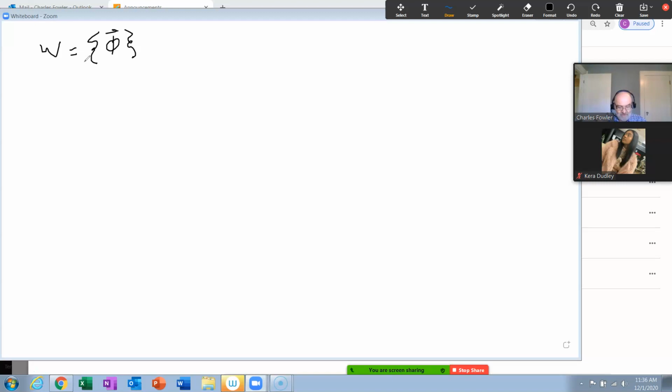Every vector space contains these two trivial subspaces, either simply the zero vector or the entire vector space. And subspaces other than those two, nothing or everything, are called proper or non-trivial subspaces.